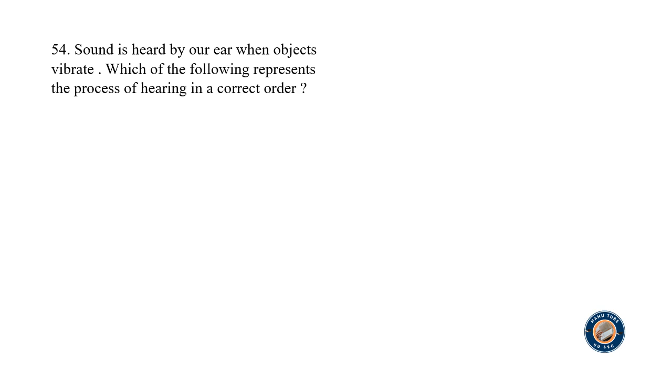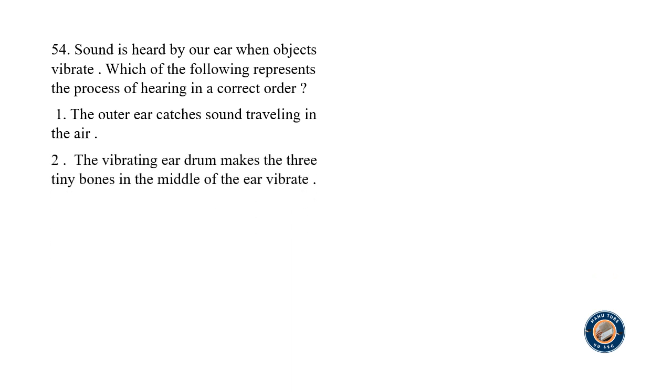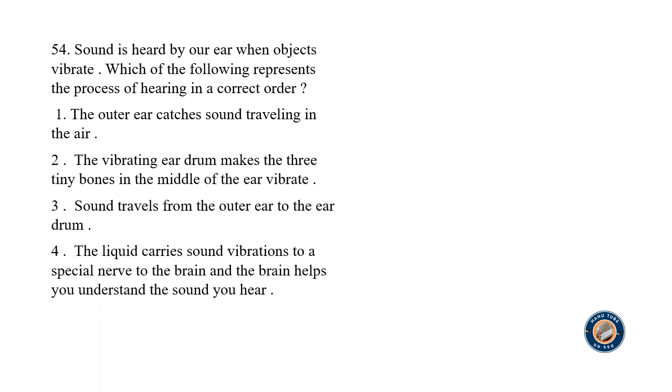Question number 54. Sound is heard by our ear when objects vibrate. Which of the following represents the process of hearing in a correct order? The first one says the outer ear catches sound traveling in the air.